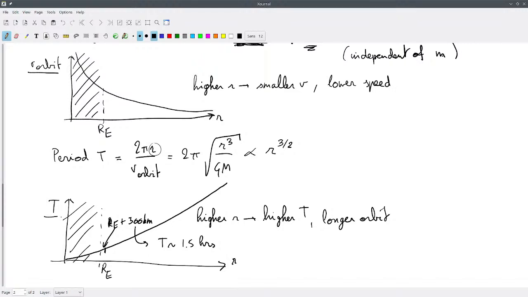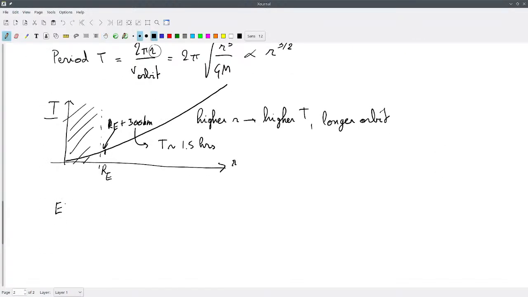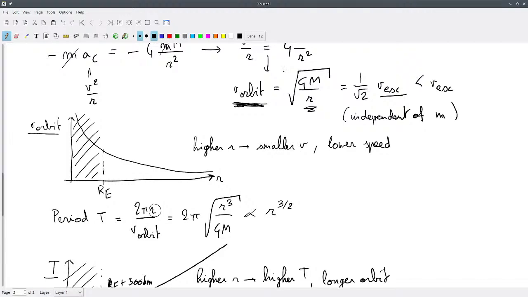So now that we have velocity and period, the one thing that we could still calculate is the energy in circular orbits. The energy is going to be kinetic energy plus potential energy, so 1/2 m v orbit squared minus G M m over r. We can plug in the expression for v orbit, which, as a reminder, was the square root of GM over r.